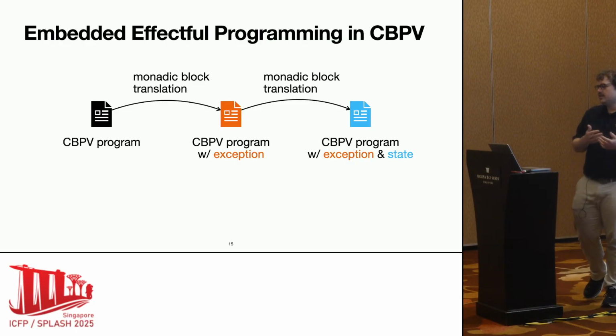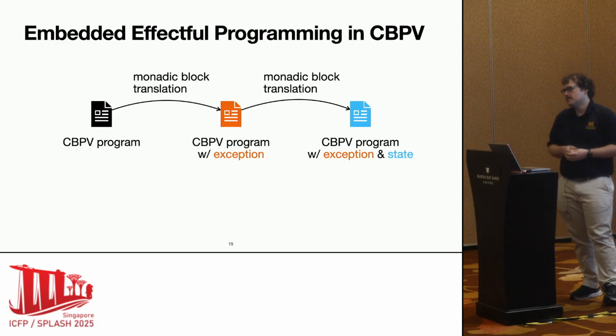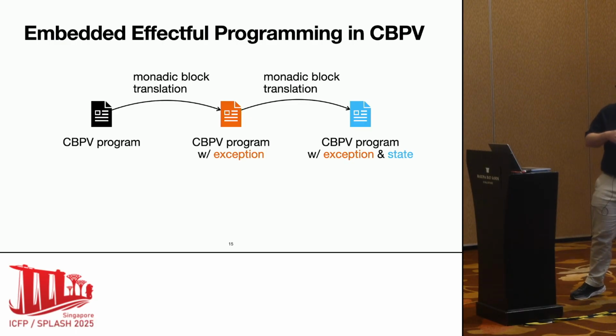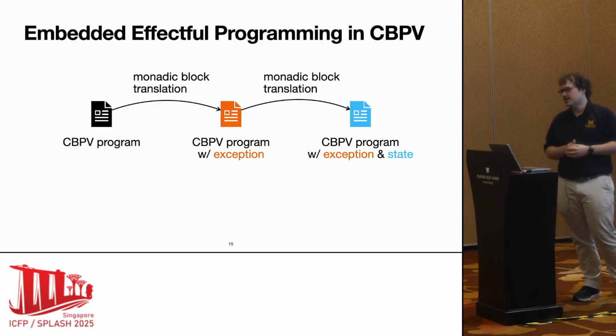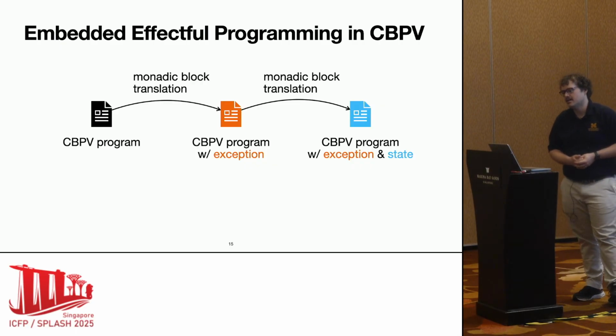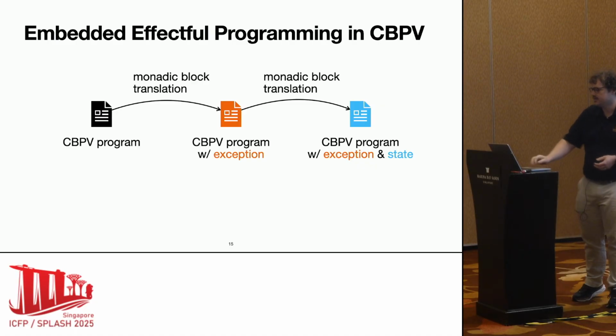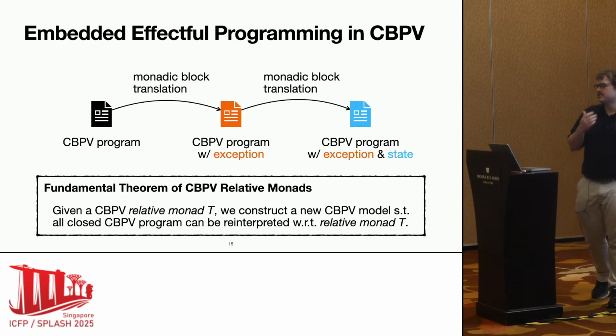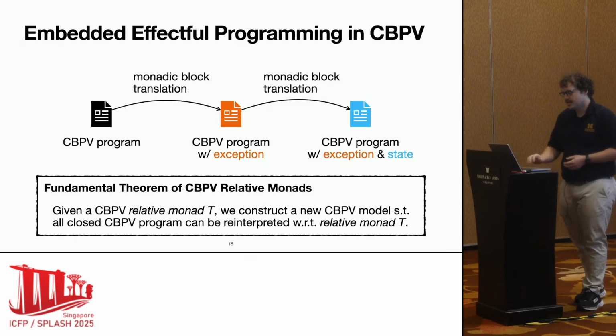So given a monad, a relative monad in call by push value, we can do a generalized do notation translation that we call monadic blocks. And you can even iterate this and combine effects together in this way. And so we have a corresponding generalization of this theorem that we call the fundamental theorem of call by push value relative monads. And the details of that are all in the paper.